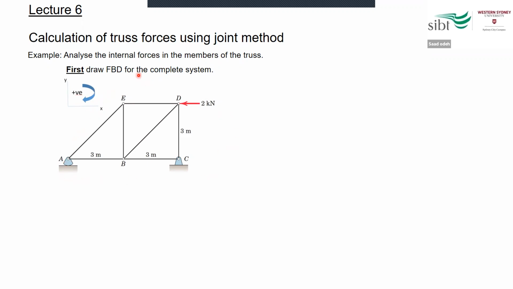So for this system here, we draw the free body diagram by adding all the forces acting at the joints as well as the external forces acting on the system. Here we have only one external force, which is 2 kilonewton. The other forces are the reaction forces at the joints, the points A and C.